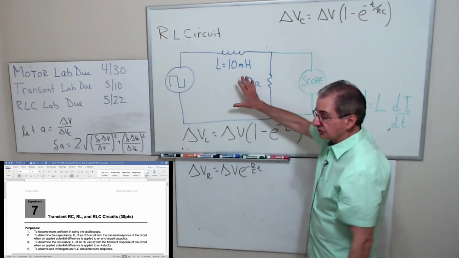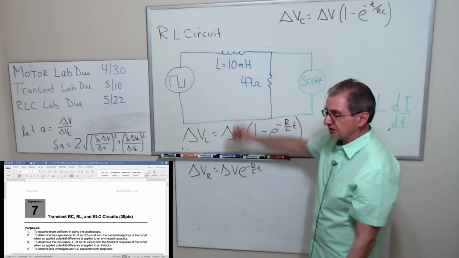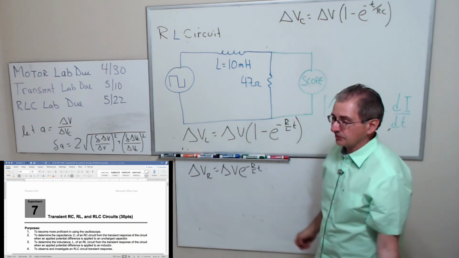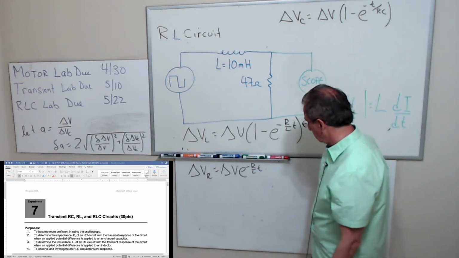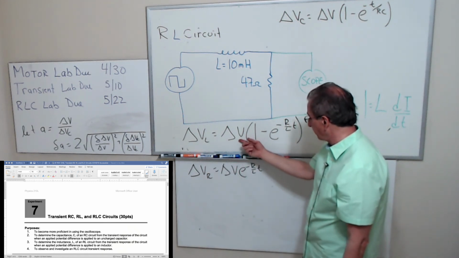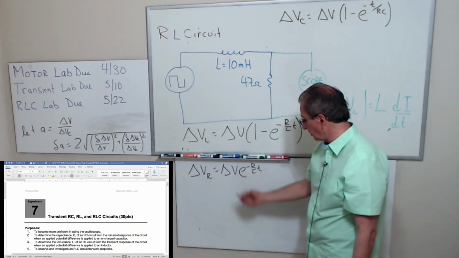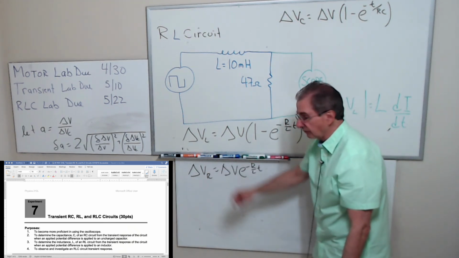So you set this up using Kirchhoff's law, just like you would do for the capacitor. And then you solve the differential equation, which is easy, like for the capacitor, and you get this expression for V_L, and this one for V_R. And we're going to be measuring the voltage across the resistor.